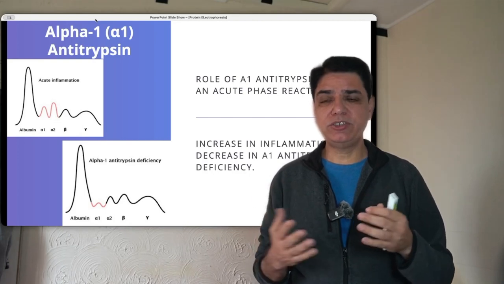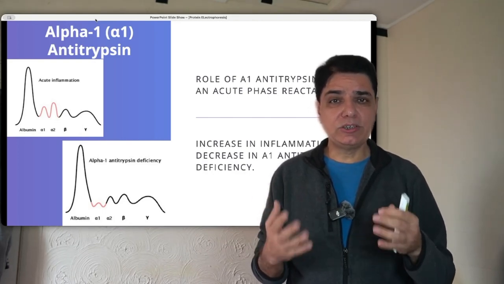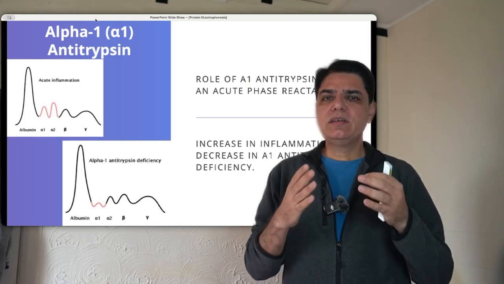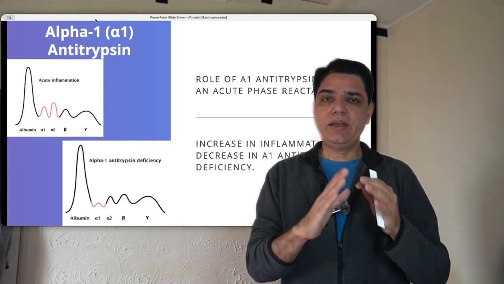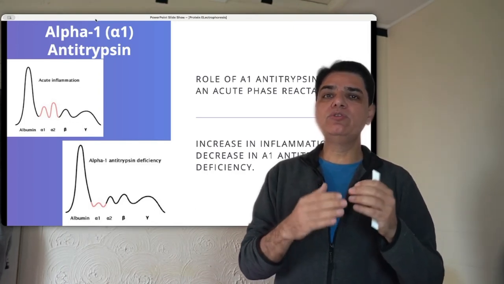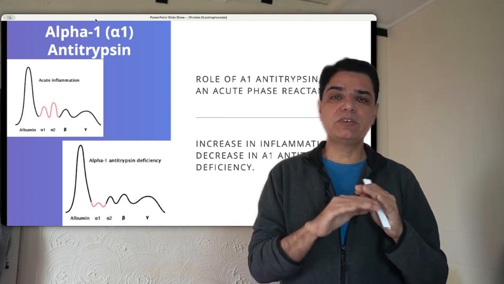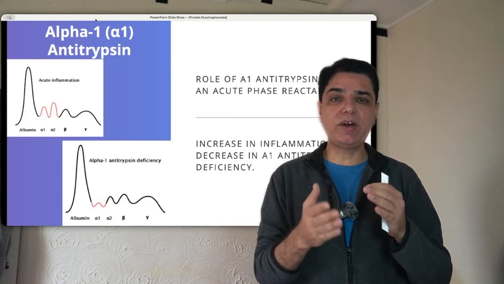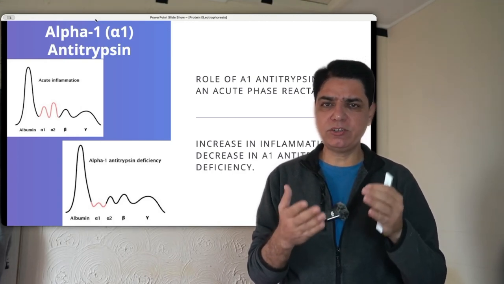There are emphysematous changes in the lung tissue, and the liver goes into cirrhosis. So if you see that this alpha-1 hump is flattened, with no alpha-1 hump, you might be dealing with alpha-1 antitrypsin deficiency, which is a genetic disorder of children.